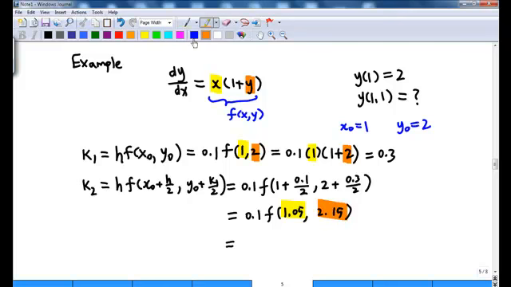So applying the formula f, this will give me 0.1 times x, which is 1.05, times 1 plus y, which is 1 plus 2.15, and you do the calculation, and you find that this is equal to 0.33075. That is k2.